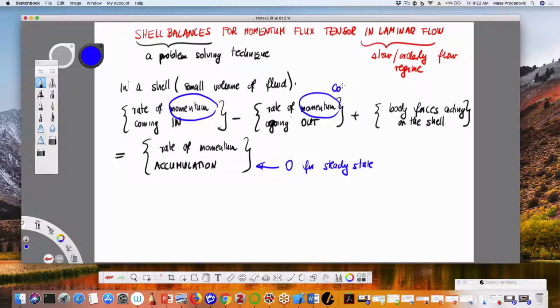So this is combined momentum, and this combined is precisely P delta plus tau plus rho v v.